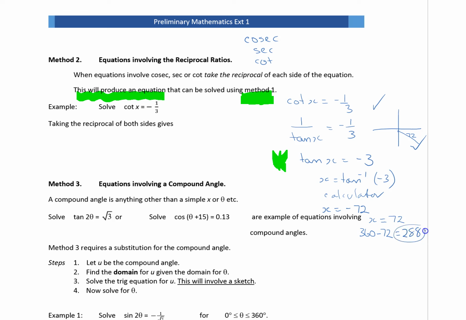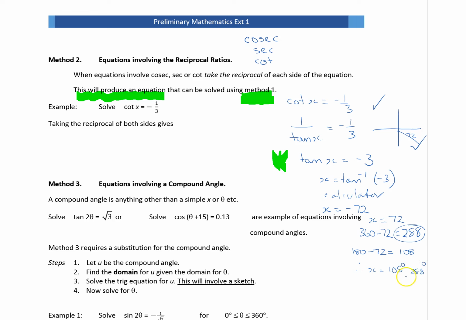And so that is one angle for x. The other quadrant we've established we have to be in is the second quadrant, where we name the angle as 180 minus 72, and 180 minus 72 is 108. Therefore, x is equal to 108 degrees and 288 degrees.